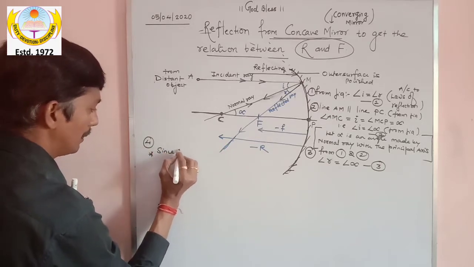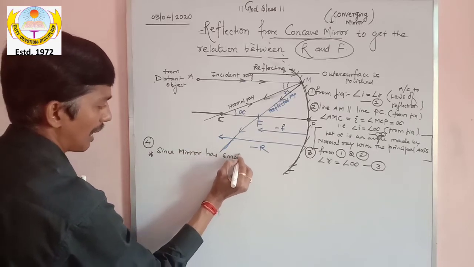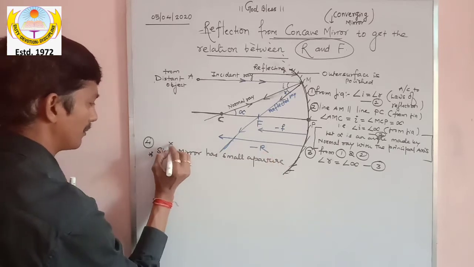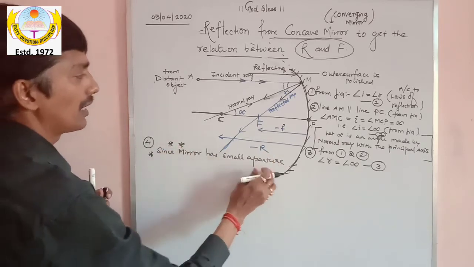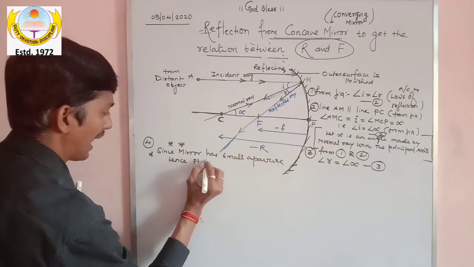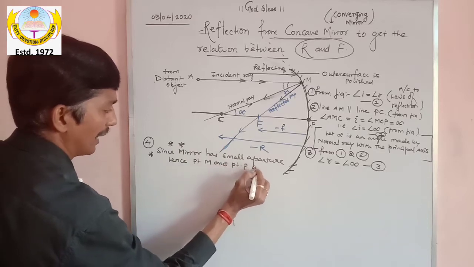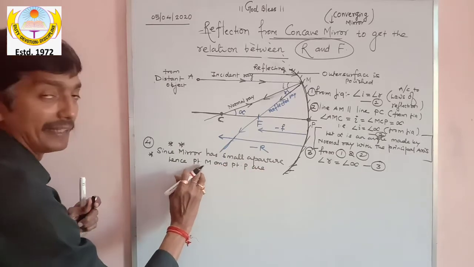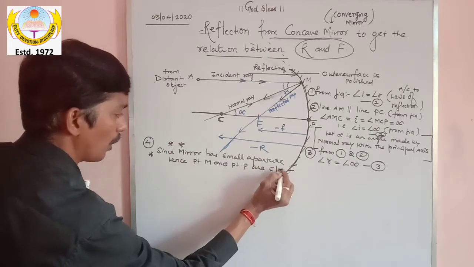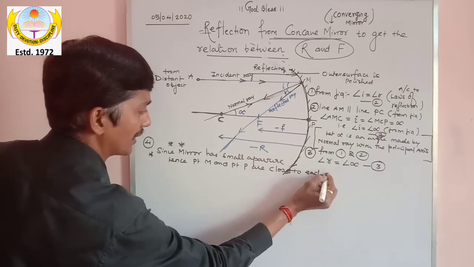Since mirror has small aperture, very important, since mirror has small aperture, hence point M and point P are very close to each other.